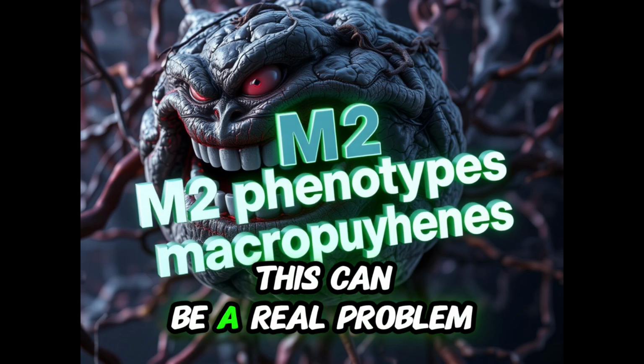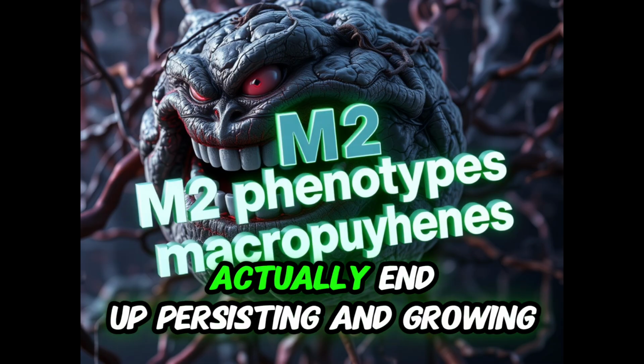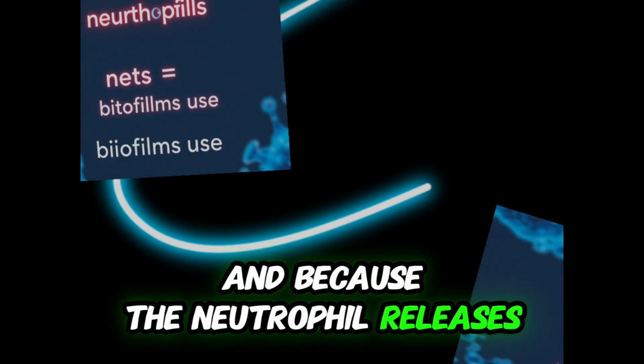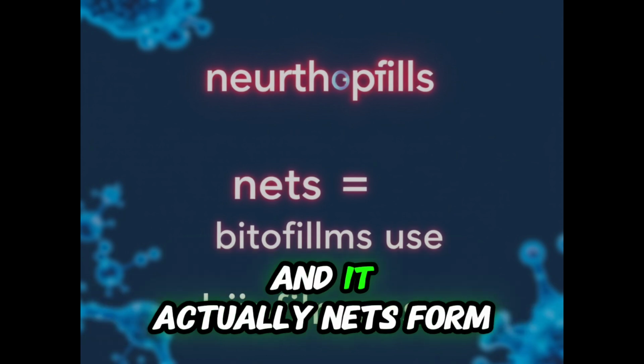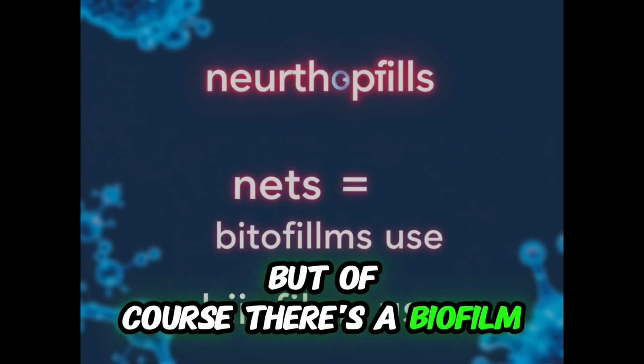This can be a real problem because the biofilms end up persisting and growing. NET is short for neutrophil extracellular trap, and NETs form sticky DNA fibers around the microbe, but of course, there's a biofilm.